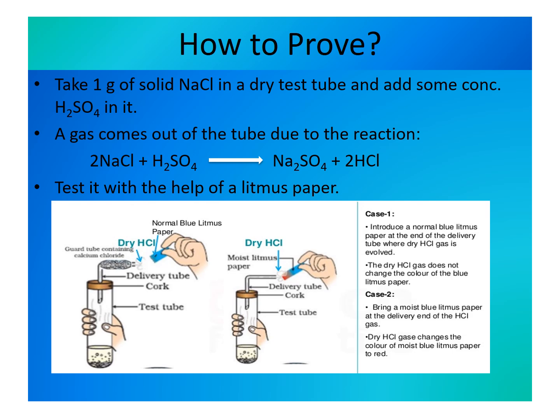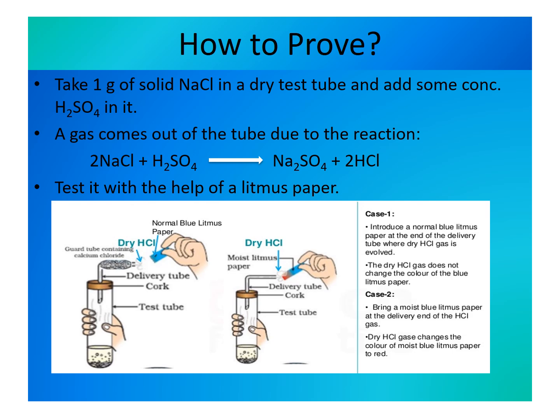Now, if we say that this is an acid, of course HCl is an acid. So now let's test it with the help of a blue litmus paper. Bring a dry blue litmus paper near the mouth of the delivery tube. You can see a delivery tube is attached over here through which the gas is coming out.